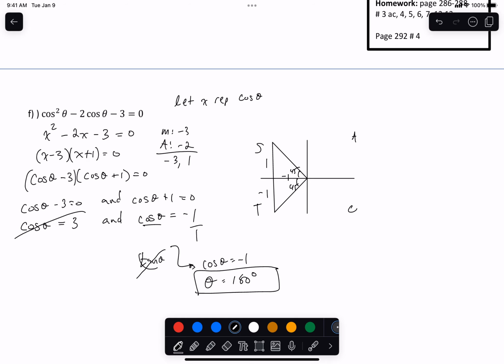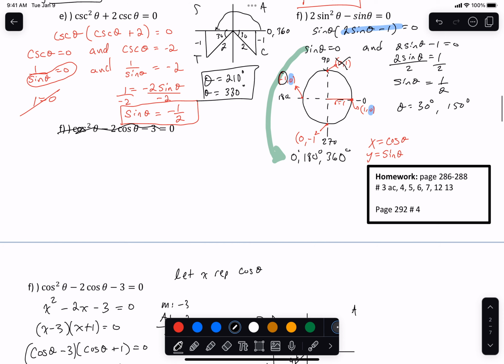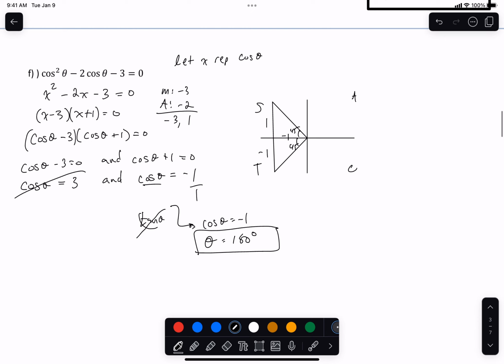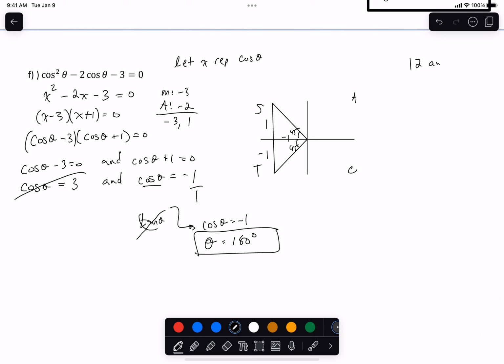Okay, so again, more instruction to come on that in the coming lessons, but technically you have 12 angles from the triangles. And then there's another 4 + 1 angles that are created from that unit circle, for a total of 17 angles that I can ask you about.